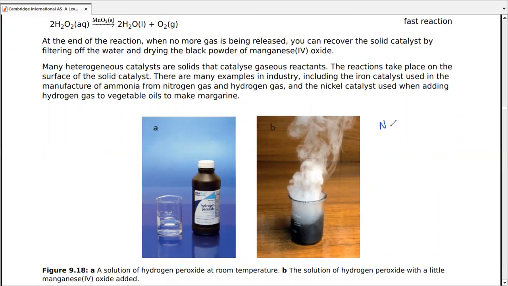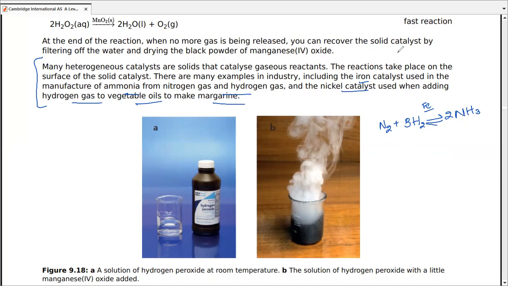In O levels or IGCSE, we talked about the Haber process, nitrogen and hydrogen reacting and producing ammonia, with the catalyst being pure or finely divided iron. The iron with the gases is an example of heterogeneous catalysis, right? So this kind of iron for ammonia from nitrogen and hydrogen, or nickel when we are adding hydrogen gas to vegetable oils to make margarine, these are all examples of heterogeneous catalysis.